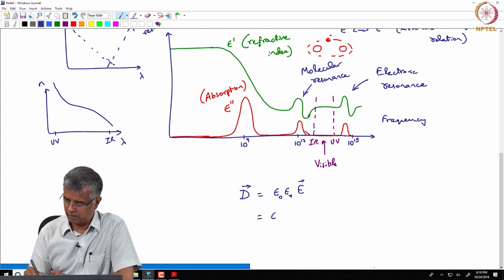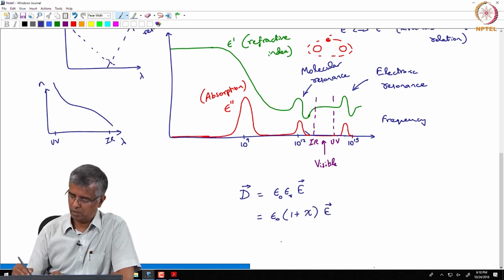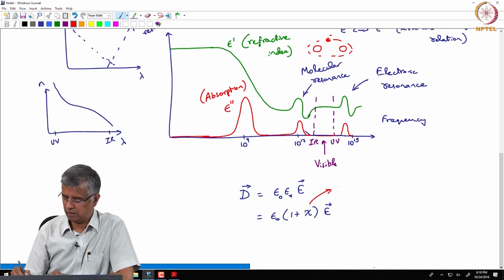This can be written as epsilon naught multiplied by 1 plus chi times E, where chi is called the electronic susceptibility.